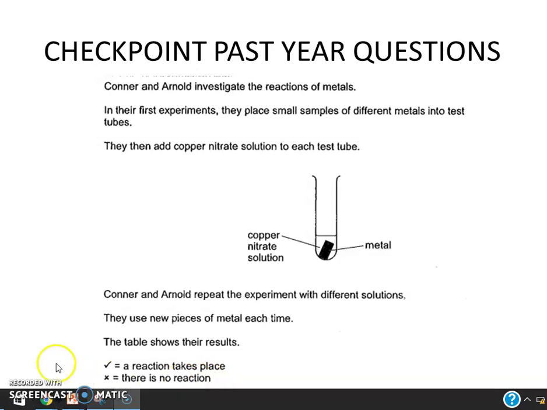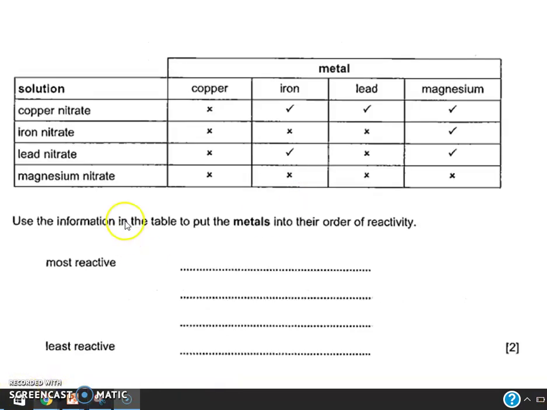Now looking into this question, we know magnesium is more reactive than copper, iron and lead because it can displace copper, iron and lead from their compounds. But iron can only displace copper and lead from their nitrates.